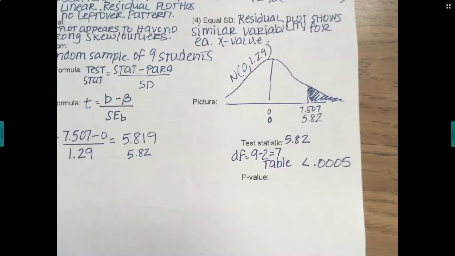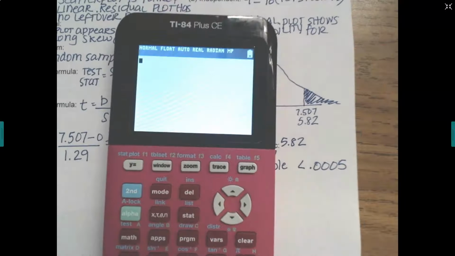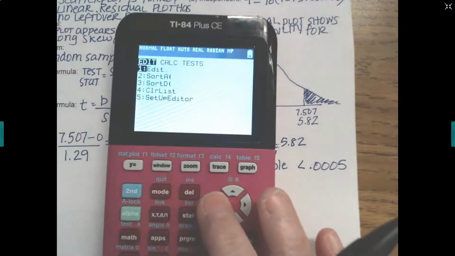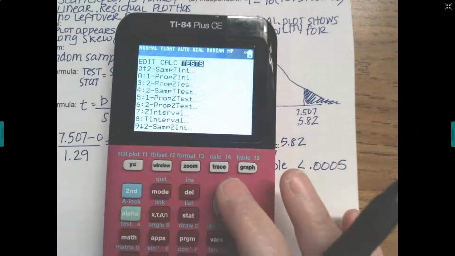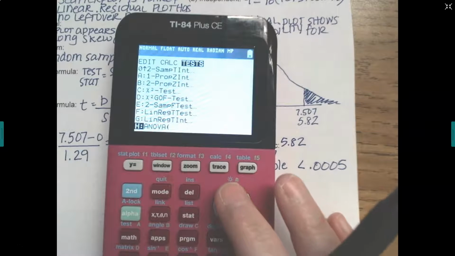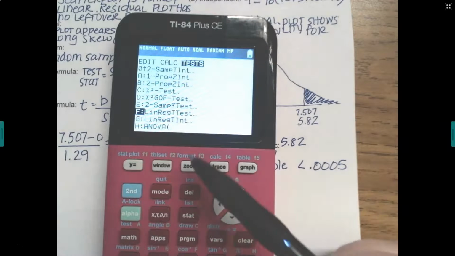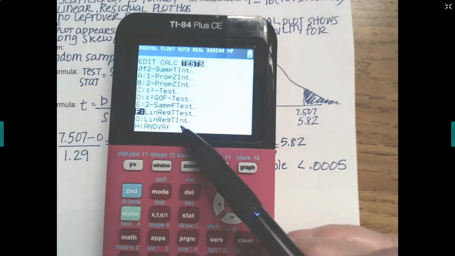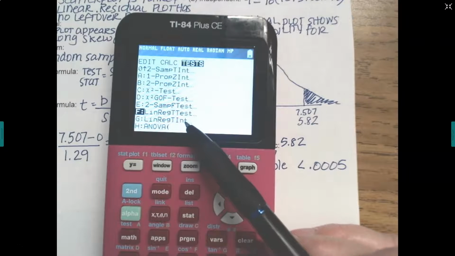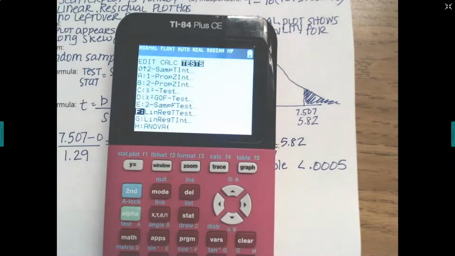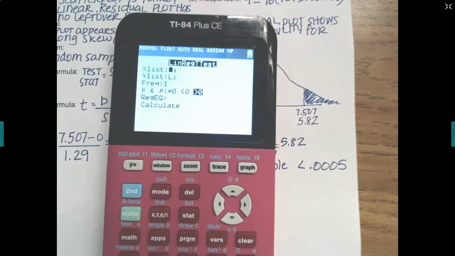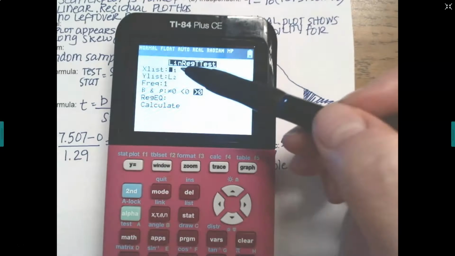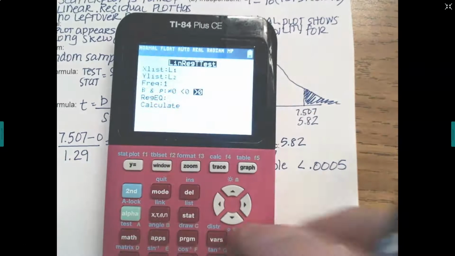Let me show you how to do this in the calculator. In the calculator, we're going to go and look at the tests. So stat over to tests, and if you go up, it's going to be a lot faster. We want the LinReg t-test. We can do the interval like we did in the previous lesson, can also be done in the calculator. So when you go to the LinReg t-test, it wants you to put the x's into list 1 and the y's into list 2.